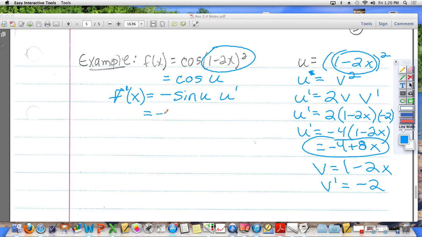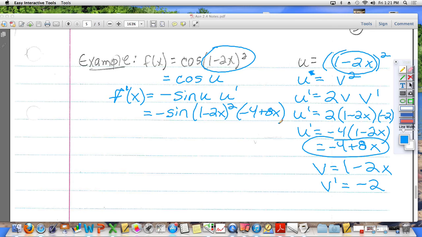So this is equal to negative sine of u, which is 1 minus 2x to the power of 2. But we need to multiply that by the derivative, which is negative 4 plus 8x, or yes, it might be better to write it as 8x minus 4.